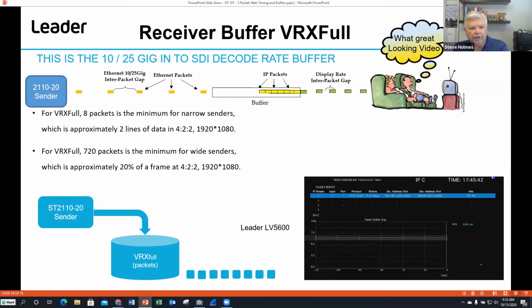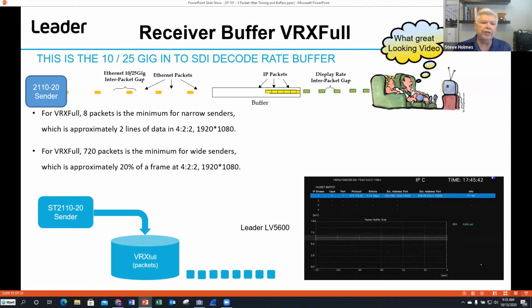So for a hardware sender, we should be able to do this in 8 packets or less, which is approximately 2 lines of data in 422 1080i. So you're going to buffer roughly in IP about 2 lines of data in order to get the data back out at a nice smooth rate.